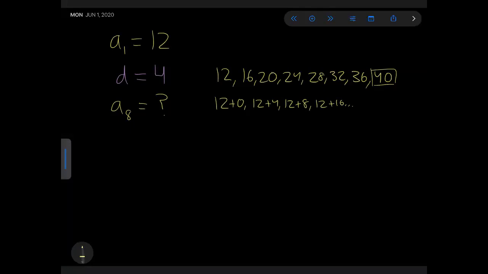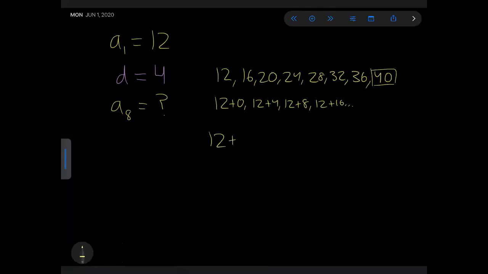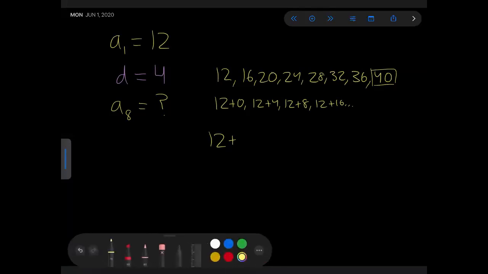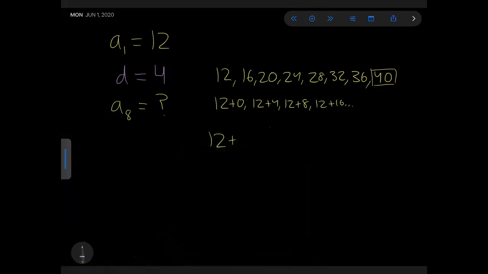So how can we express the 8th term in this way? Well, we know it's going to be 12 plus something, right? And we know the common difference is 4. So it's going to be 12 plus 4 times something. But what is in this parentheses? Well, it's going to be the number of terms separating A1 and A8, right?